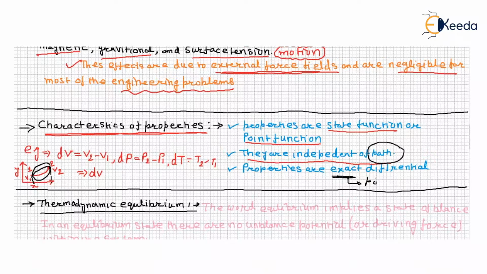It is a point function because if the point changes, the value will change. But if the path changes, the change will remain the same. That means it is independent of the path of the process. Thank you very much.